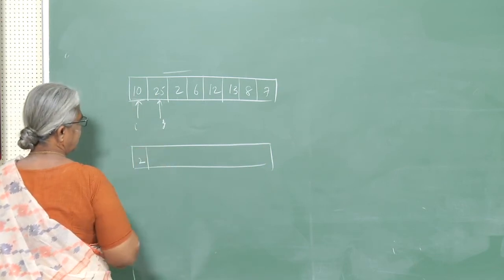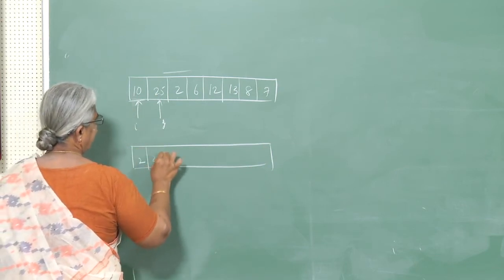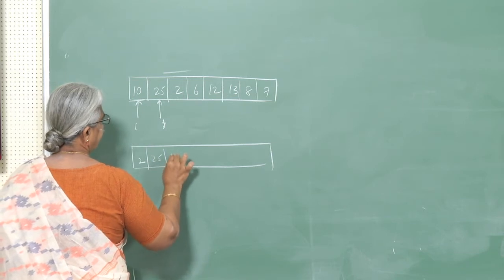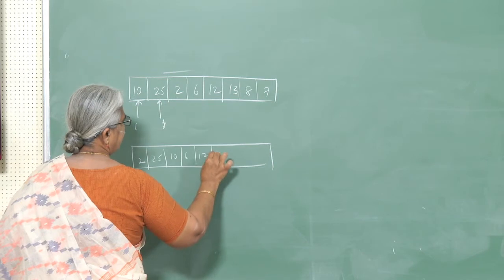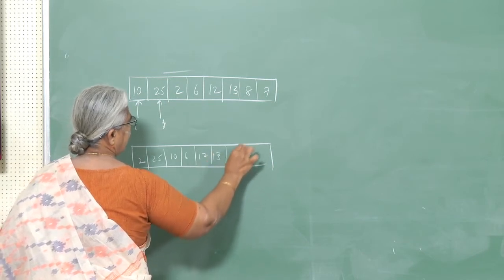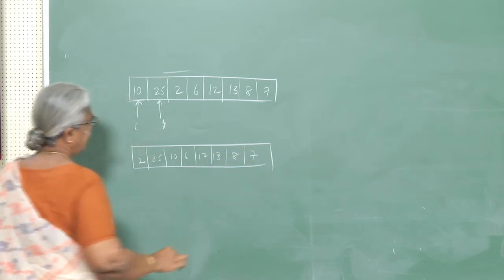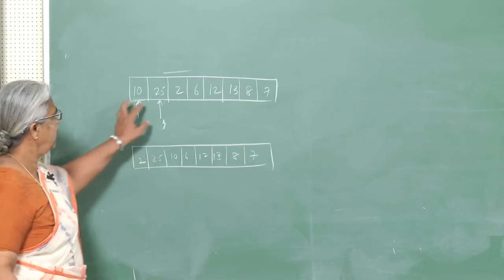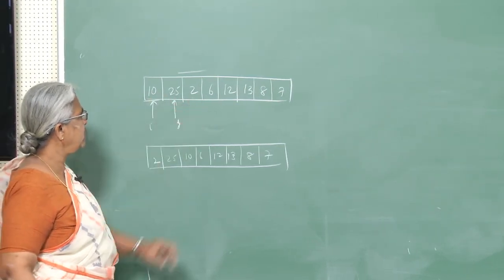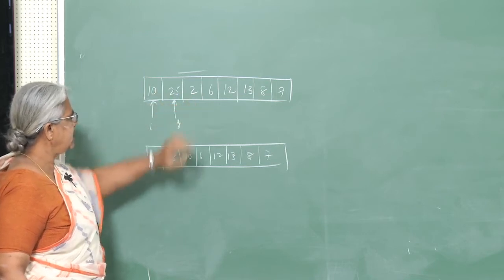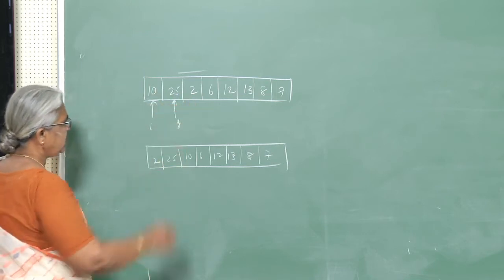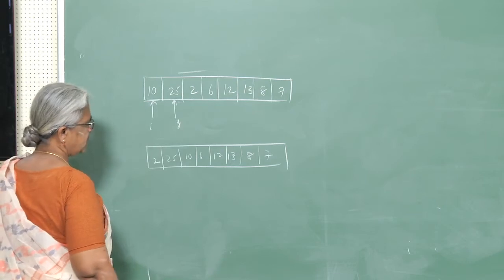So, 2 goes here, and 25, 10, 6, 12, 13, 8, 7. I have written a slightly more inefficient version in the notes because whenever I see a smaller number, I just exchange them. That is not required actually, you just need to find the location of the smallest element.